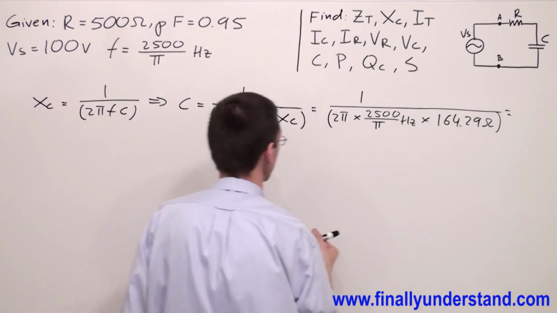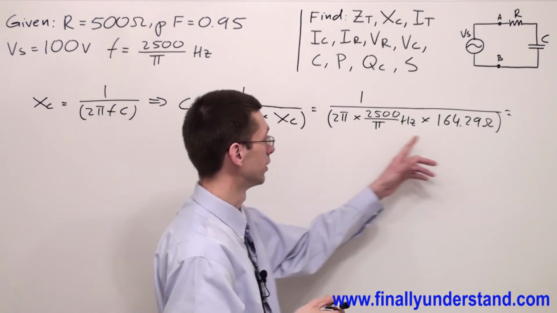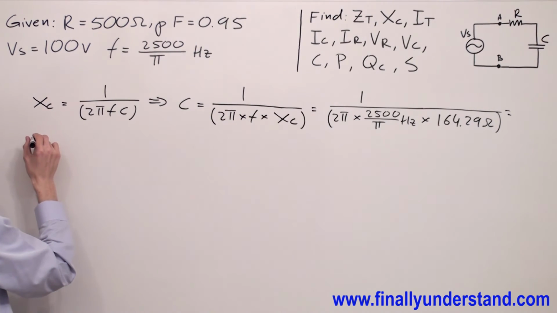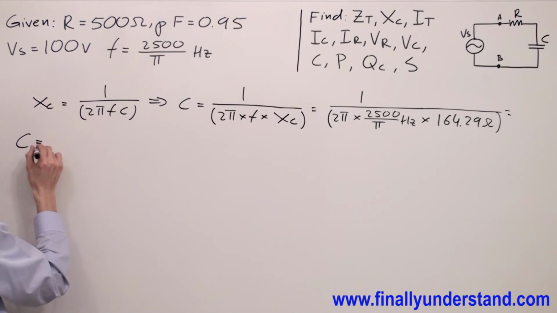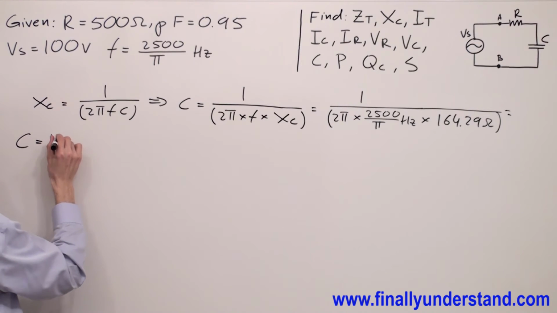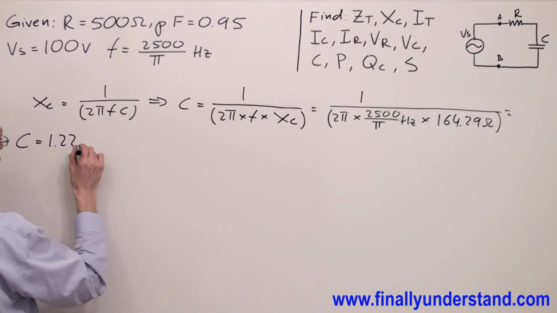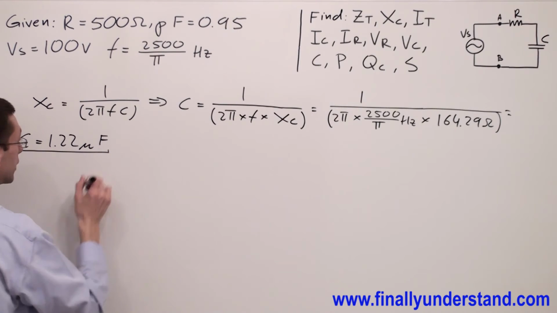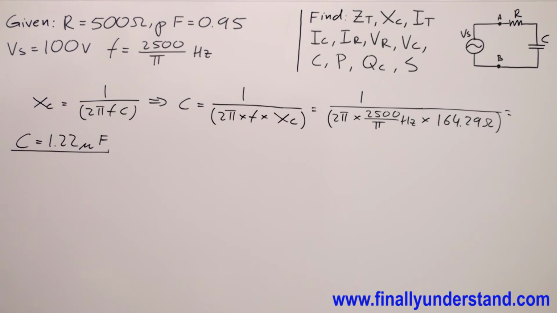Again, you're supposed to use the calculator. Don't forget about the parentheses. And you're supposed to get the value of C equals 1.22 microfarads. This is the capacitance of my capacitor.